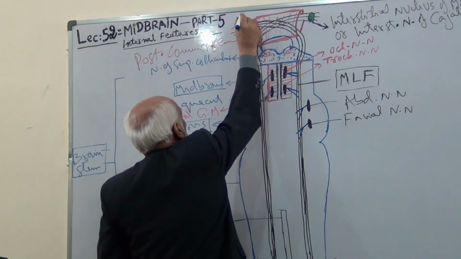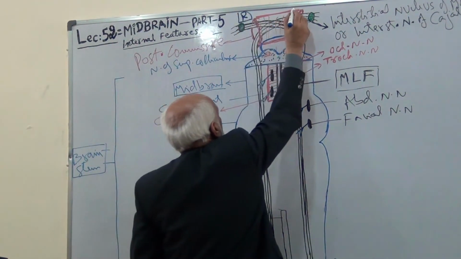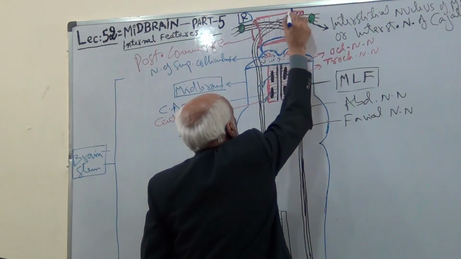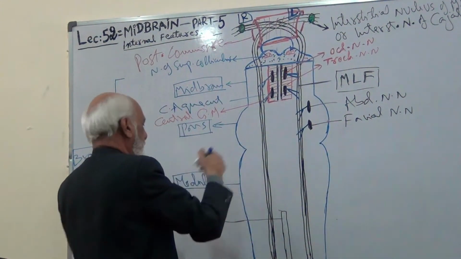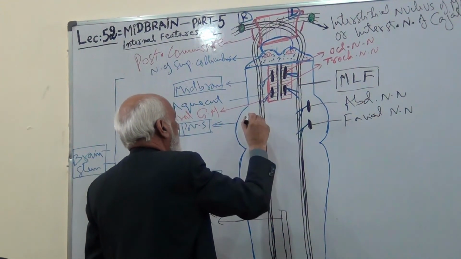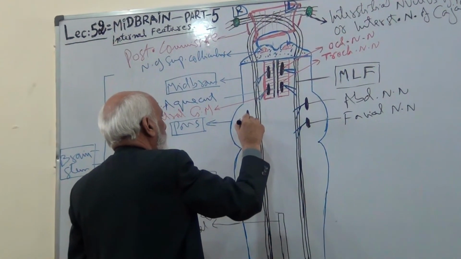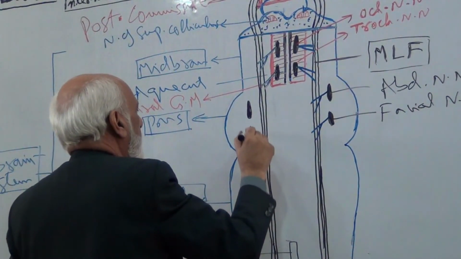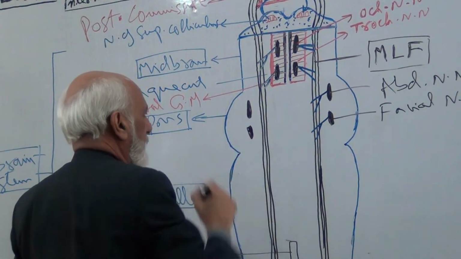Suppose this is right side and this is left side. On each side you can see these nuclei contributing their fibers to the medial longitudinal fasciculus.